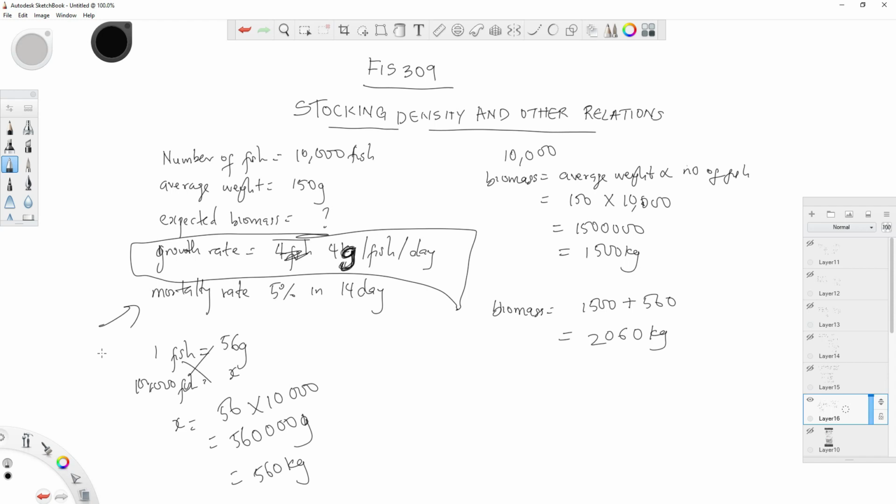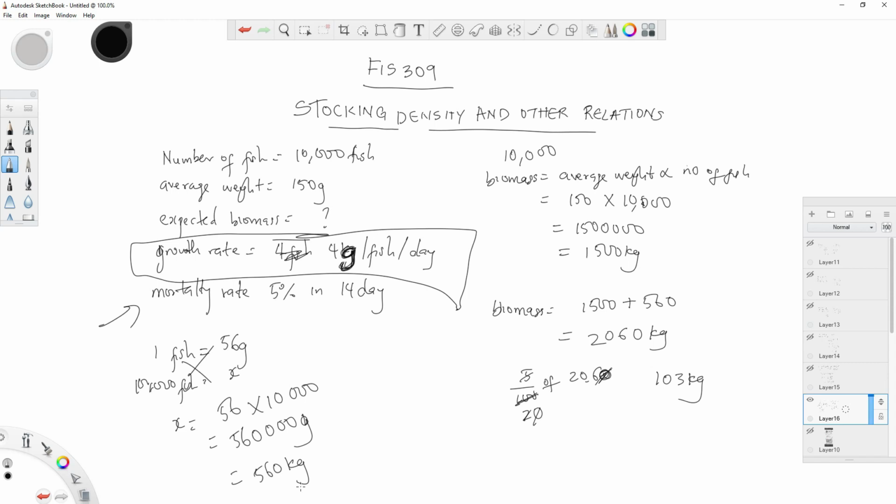There are two ways of doing that. Firstly, let's find the 5% that died. Let's see what 5% of this is. So that will be 5 over 100 times 2060, the zeros cancel, and that's 103 kg. 103 kg is the amount that died along the line.